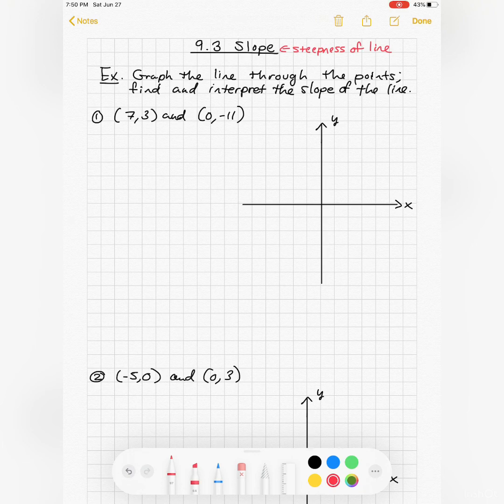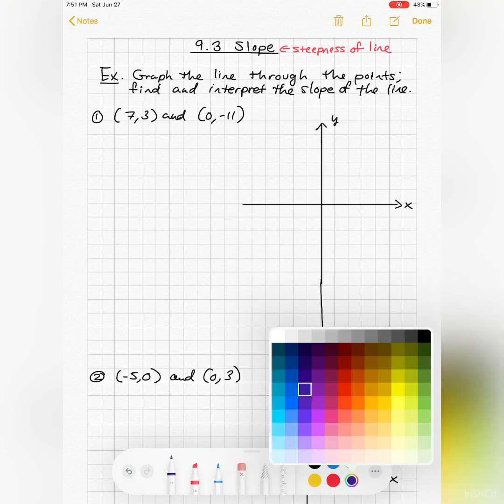Graph the line through the points, find and interpret the slope of the line. Okay, so let me start by plotting the points. I might need more room here. Let's see, what do we have? 7, 3.